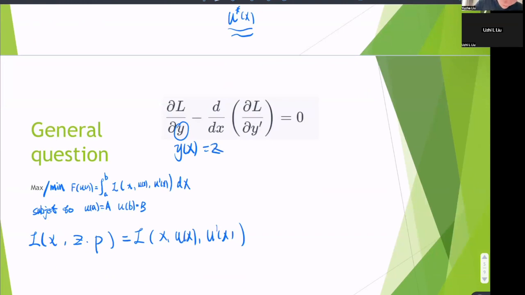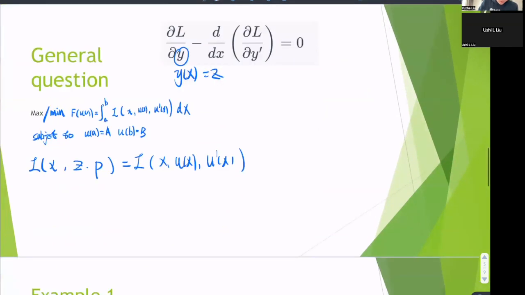And once we have our new function L, we can start to solve our questions.